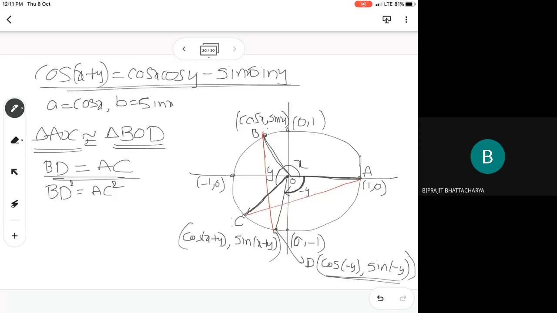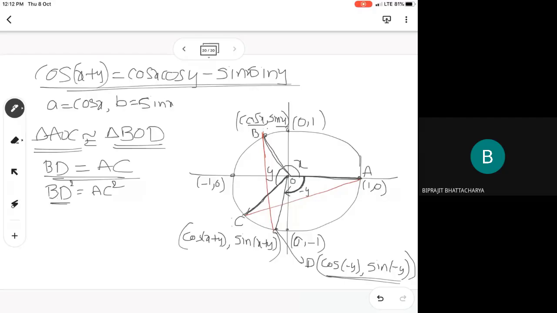Sir, under root of BO square plus DO square. No, how do you get that? It's not a right triangle. x1 y1 is 1 point and x2 y2 is the other point. So the distance between the 2 points formula is what?